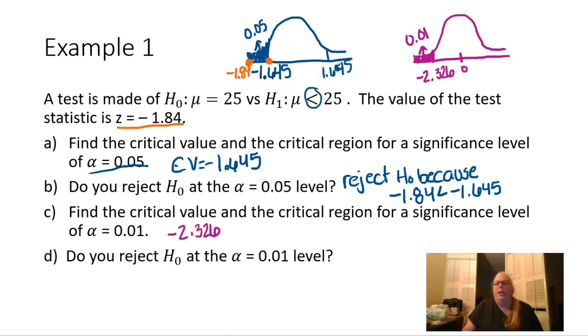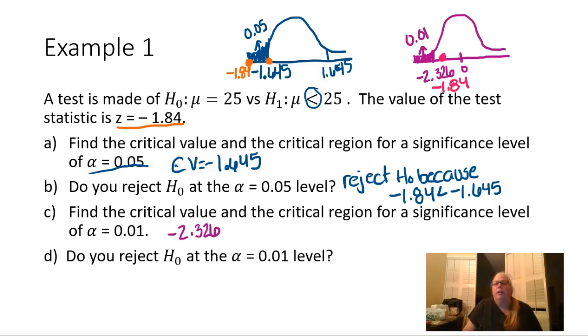Where does negative 1.84 fall down here on my horizontal axis? Is negative 1.84 to the left of negative 2.36, or is it to the right of negative 2.36? I hope we can agree that negative 1.84 is going to be somewhere here, less than 0, but more than negative 2.36.